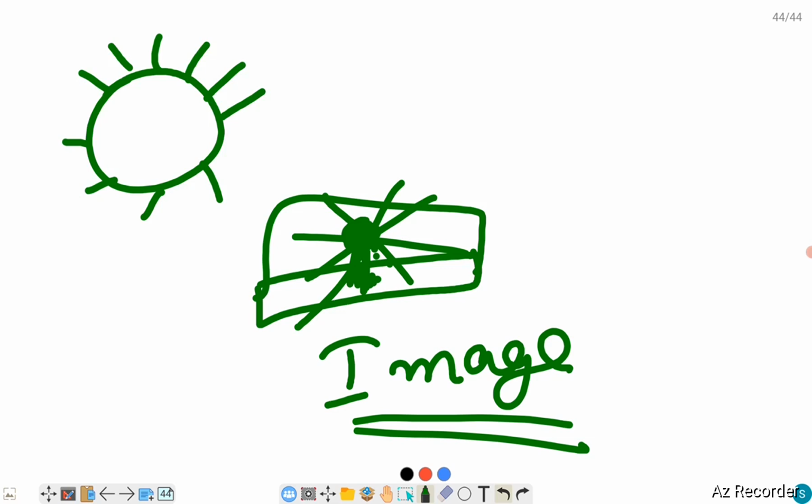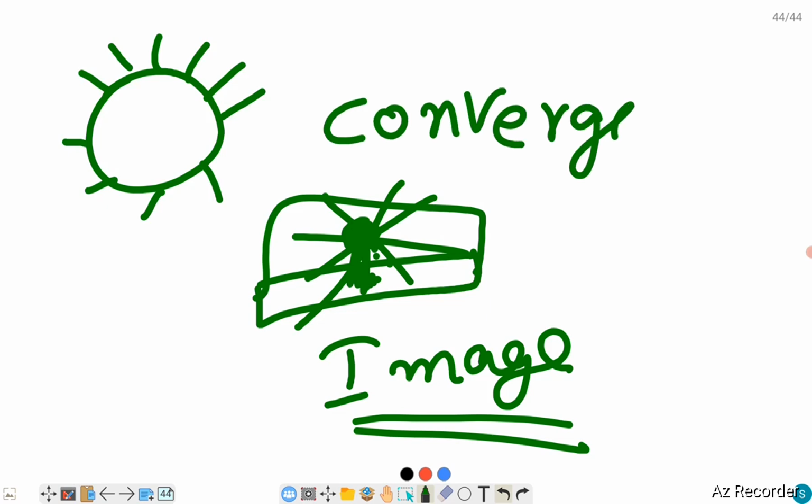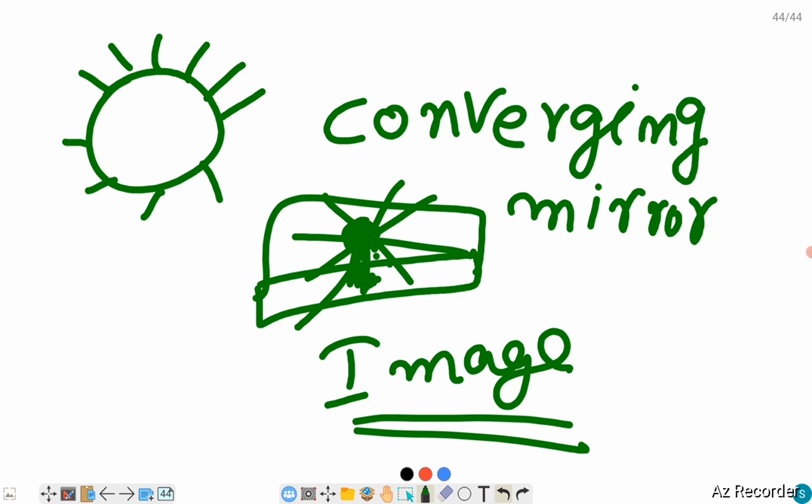Understood? So here reflected rays are converging. That's why this mirror is called a converging mirror. The light rays, after reflection, are converging at that point. Correct? That's why this mirror is called what? Converging mirror. Understood?